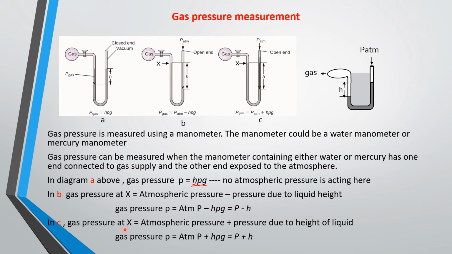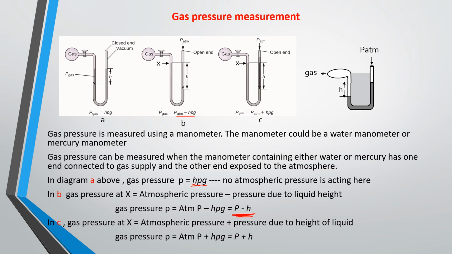The pressure of the gas here is equal to atmospheric pressure minus the pressure due to this difference in height. Atmospheric pressure minus the pressure due to this particular height.